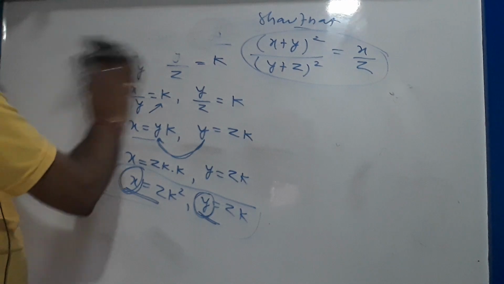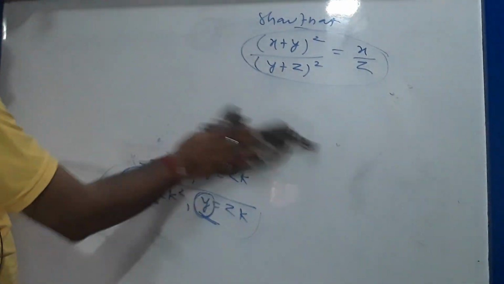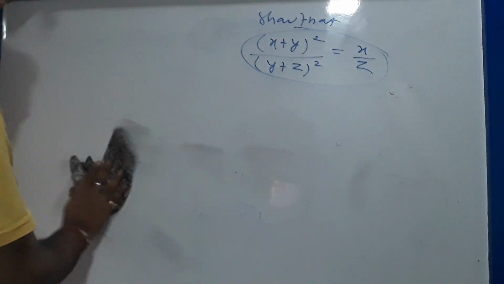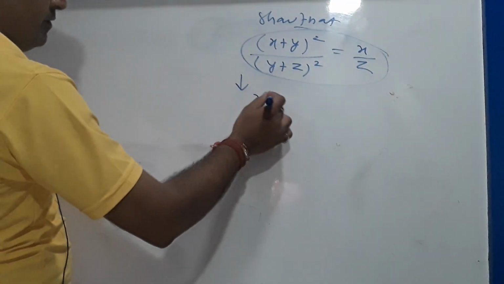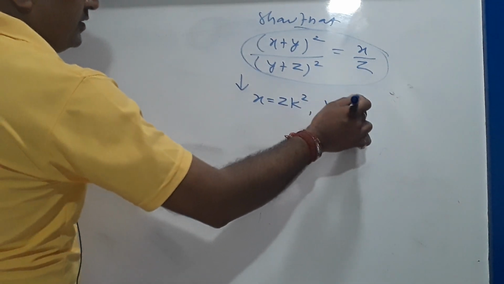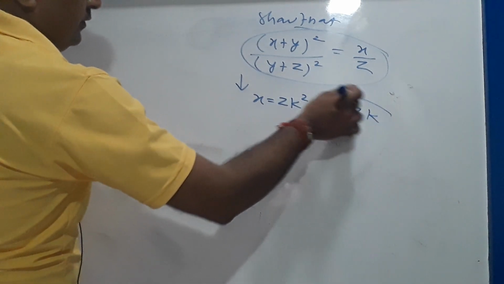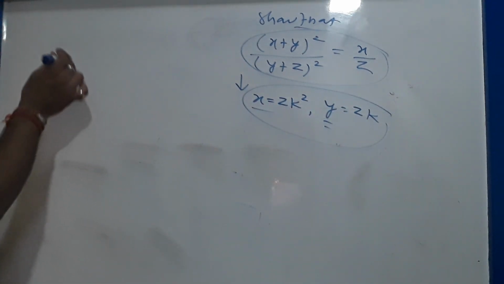So let us start left hand side. What have we got? By the K method, X is equal to ZK square and Y is equal to ZK. Correct? We are going to replace X by this value, Y by this value on both the sides.